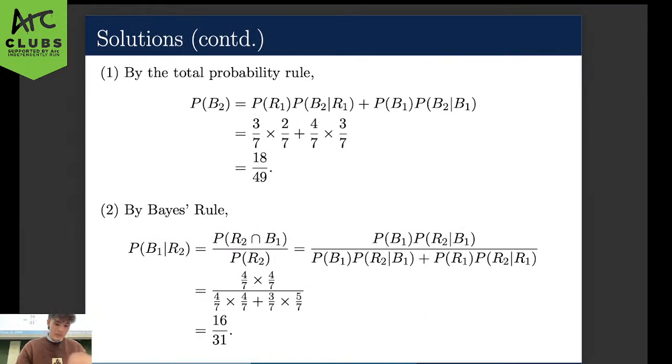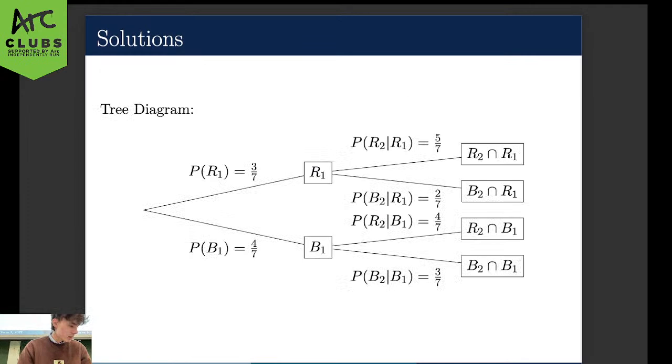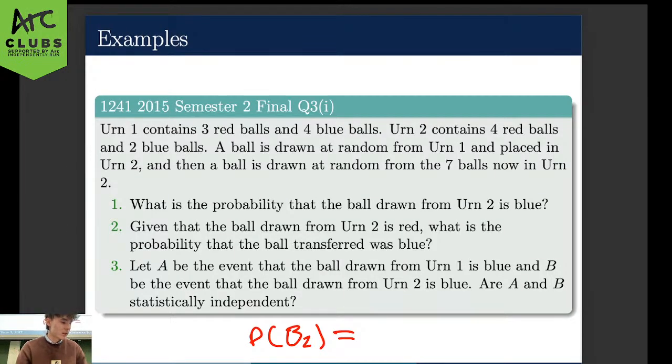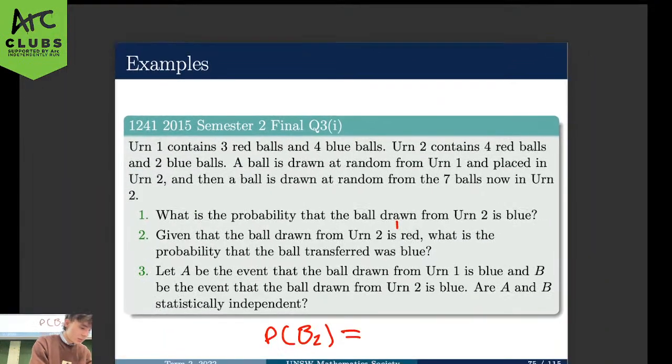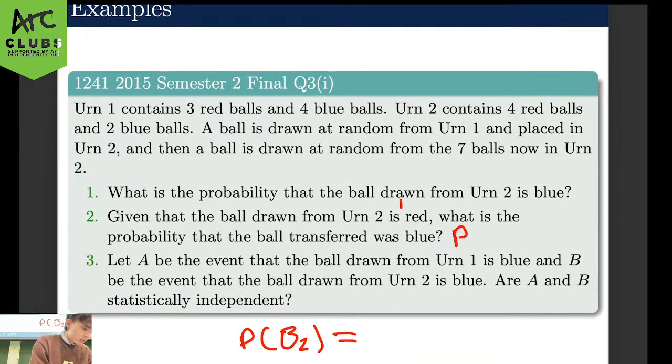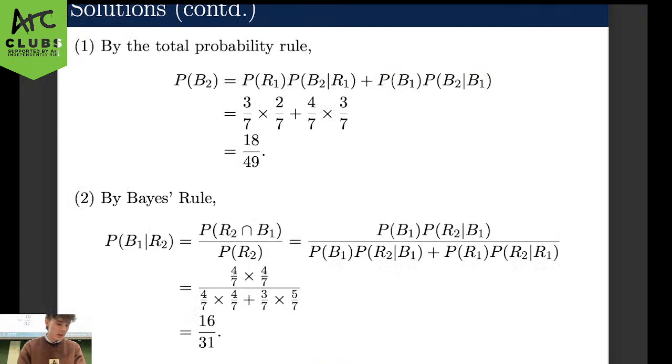So let's look at the second question. Given that the ball drawn from the second urn is red, what is the probability that the ball transferred was blue? So in other words, this here is going to be the probability that we get blue 1 given we've gotten a red 2, right? So to do this one, it makes sense to apply Bayes' rule.